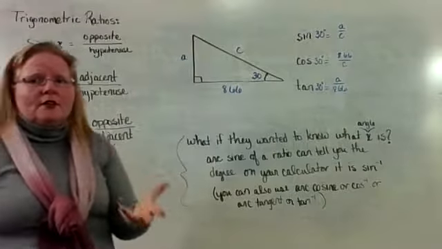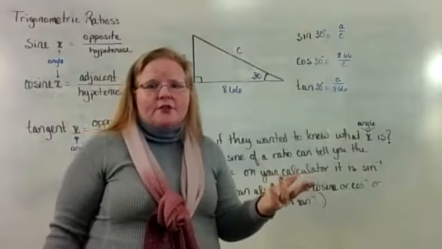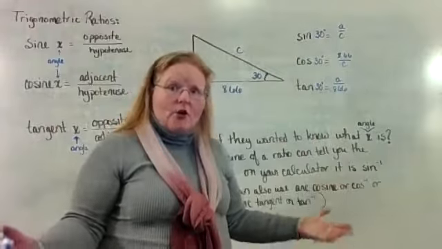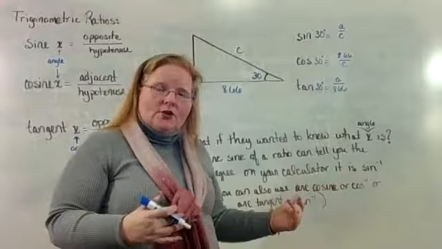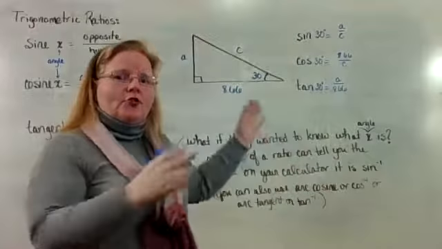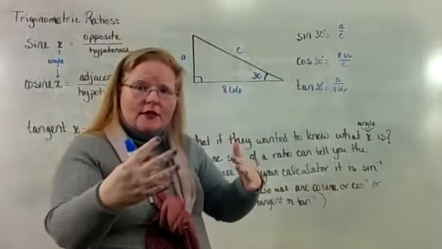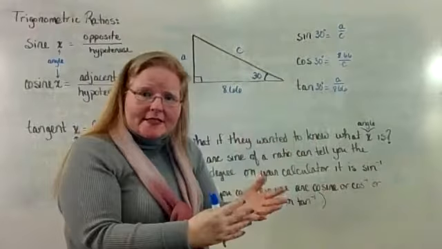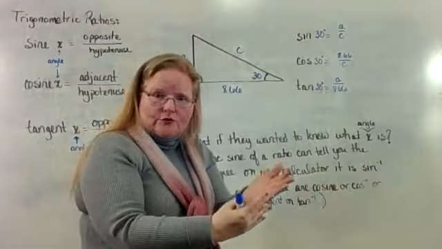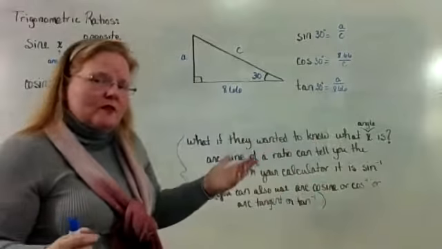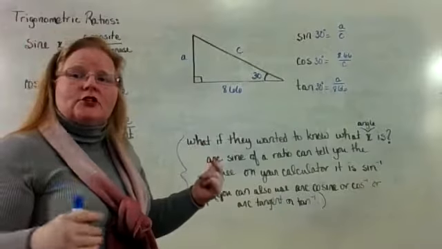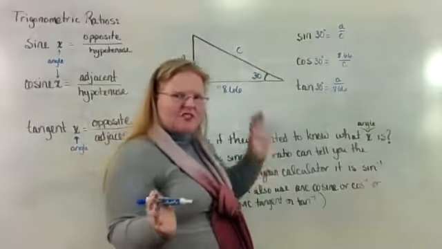Your calculator can just pop out what the ratio is, because the ratios are always the same for that particular angle. Just like whenever we go to another 30-60-90 triangle, we get the same ratio because it always reduces down to the same numbers. So we know what it's going to reduce down to, but just in case you don't remember, or you would rather use your calculator, that's fine.